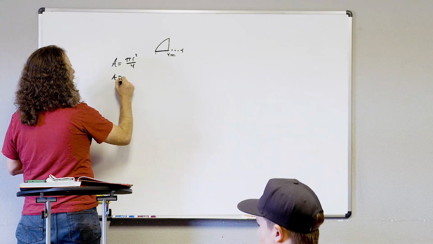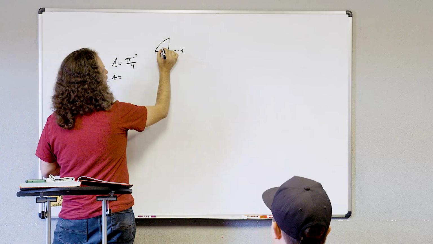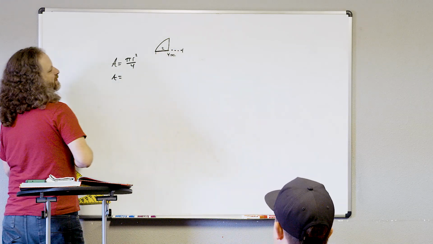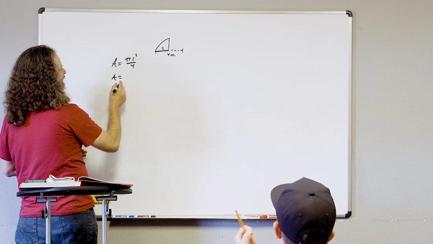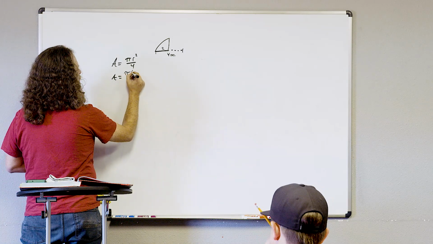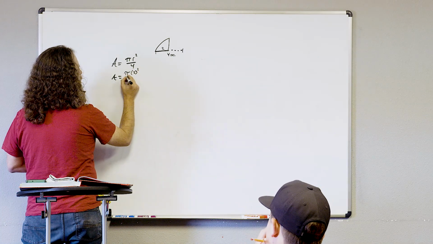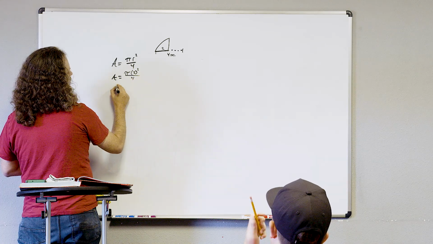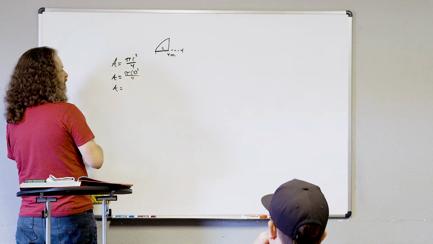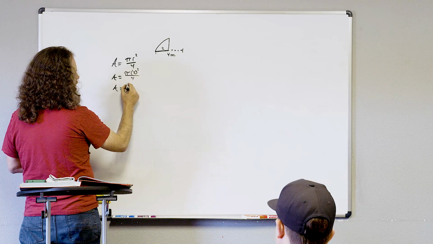So we're going to put 2, because we're going to assume that the diameter is 4 and the radius is 2, right? Pi times 2 squared over 4. You can punch that in your calculator. 2 squared is 4.